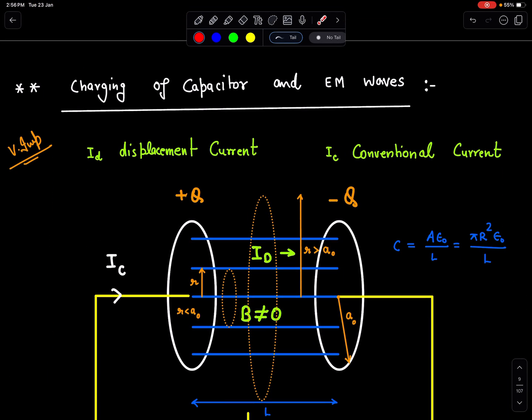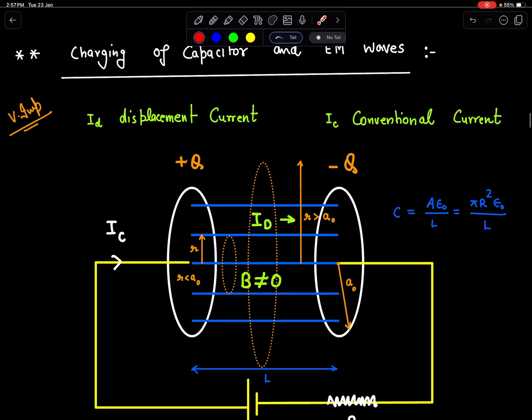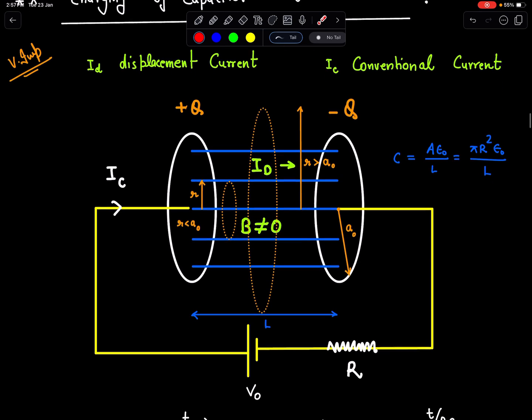Let's discuss this charging of capacitor and EM waves. Here I'm interested in finding the magnetic field value at a distance of r from this line where the wire is going, and similarly at a distance r which is more than the plate radius. For simplicity, I'm dealing with circular plates of the capacitor.